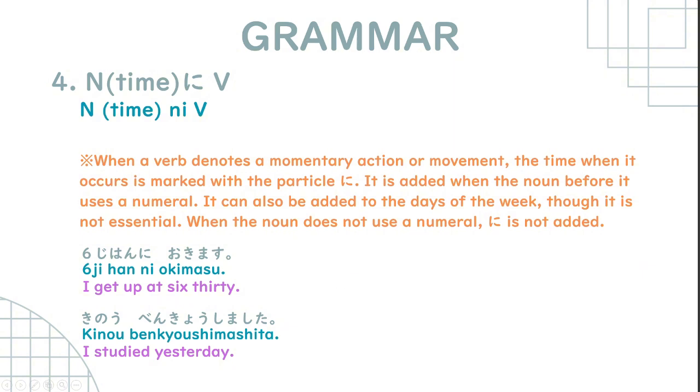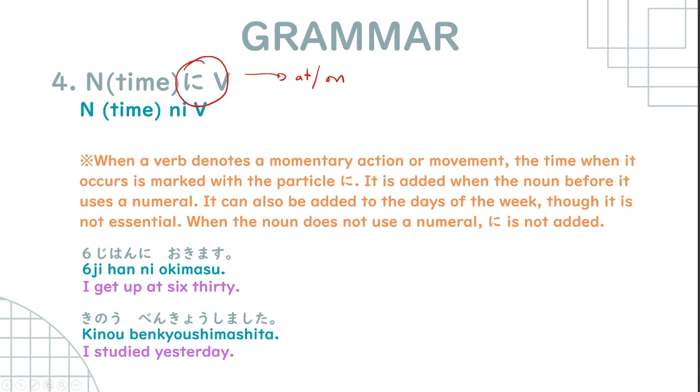Next up, we have noun time ni. We are using ni here, which is a particle. It means at or on, for the time. When a verb denotes a momentary action or movement, the time when it occurs is marked with the particle ni.